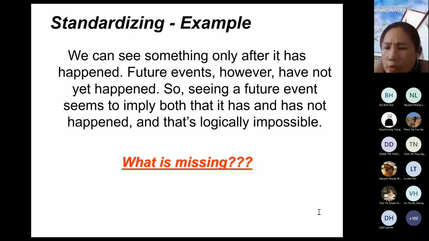Oh wait, Công Trọng. I'm not asking for the missing part. I'm asking what does that mean in the second half of the third statement.